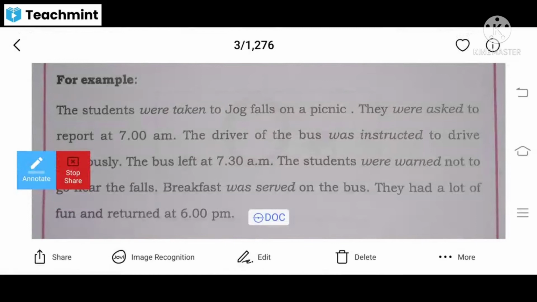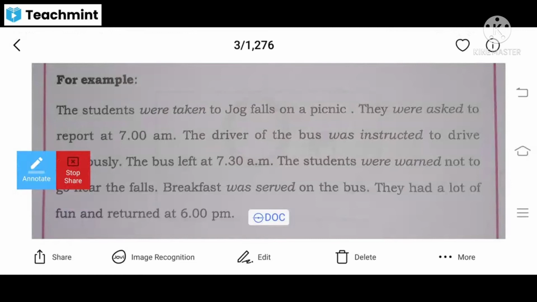Okay, first sentence. Second sentence: they were asked to report at 7 a.m. They is plural, therefore we must use were asked. Were asked is the passive form.